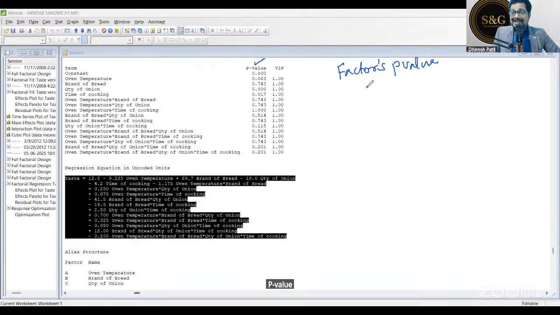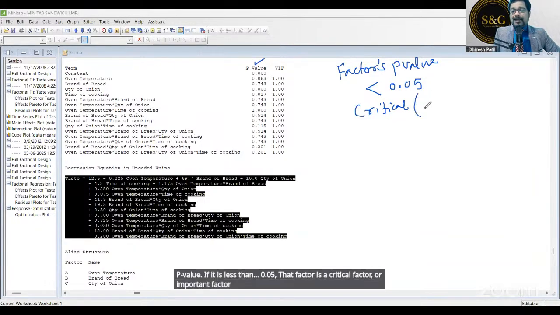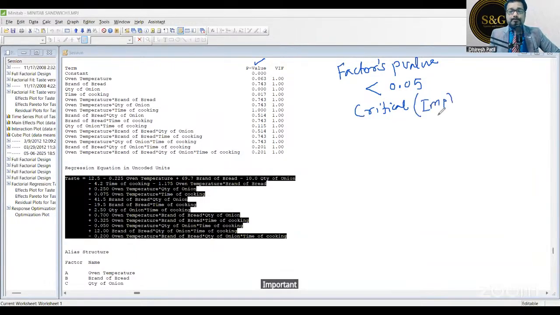If it is less than 0.05, that factor is a critical factor or important factor. Critical meaning important factor.